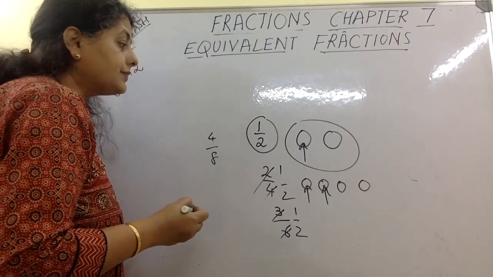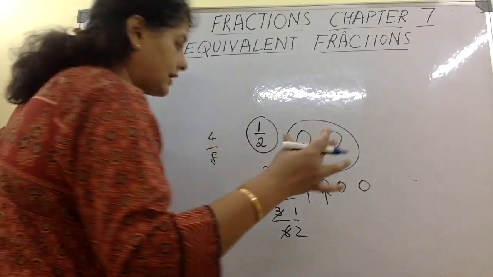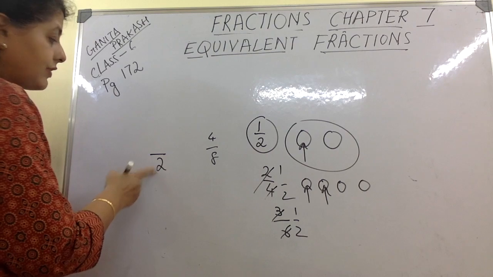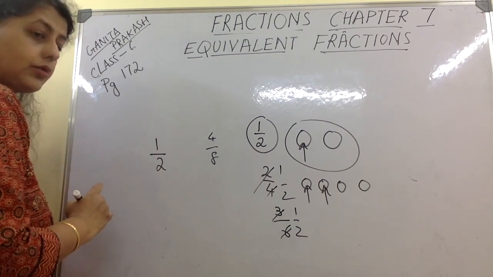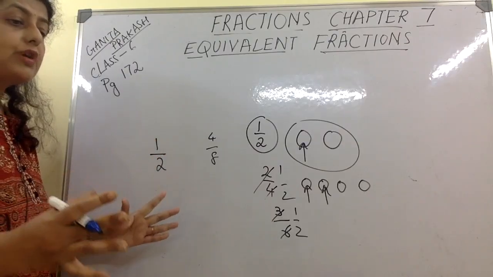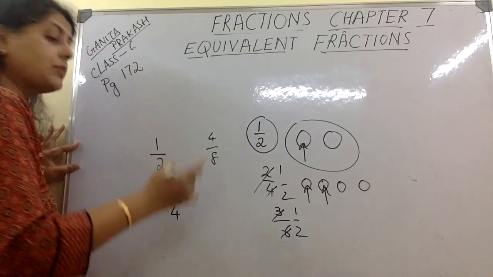Suppose you are making a cake, and you say for every 2 cups of flour, you will put 1 cup of sugar. Now you want to increase the quantity, you have guests, you want a bigger cake. So you say, I will make it out of 4 cups of flour.